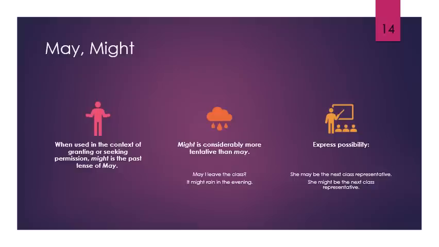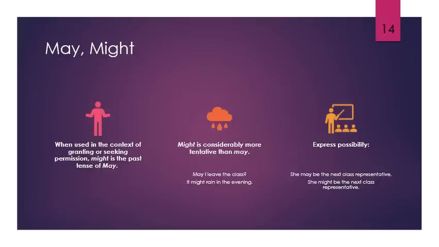So whenever you have to sound more tentative, meaning less firm, you will always be using the word might. Also, might or may be used to express possibility. She may be the next class representative. Fair chance that she may become the next class representative. She might be the next class representative.